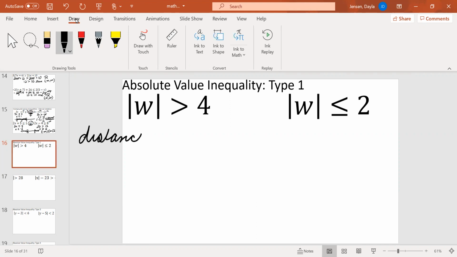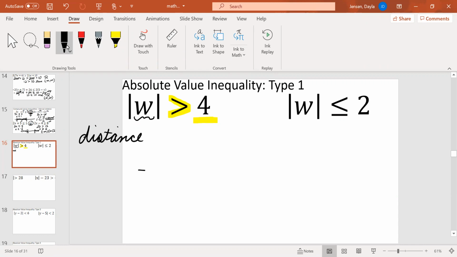So in this example, it's saying that W, whatever W is, is going to be greater than 4 units away from 0.